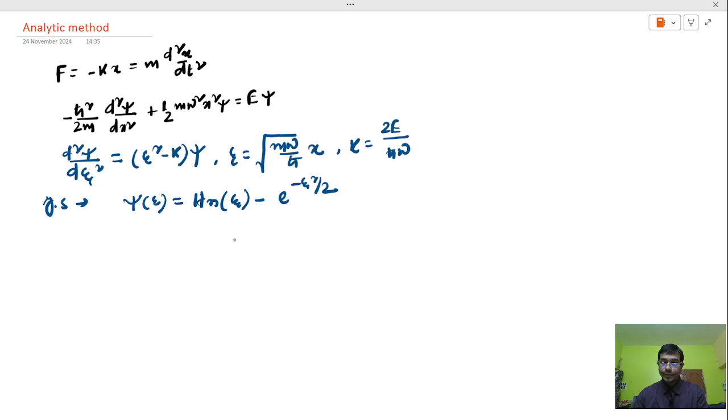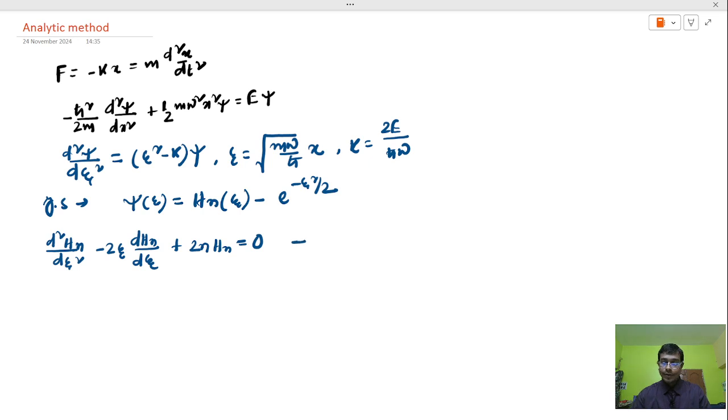where Hn is the Hermite polynomial, and the standard differential equation becomes d2Hn/dxi2 minus 2 xi dHn/dxi plus 2n Hn equals 0.